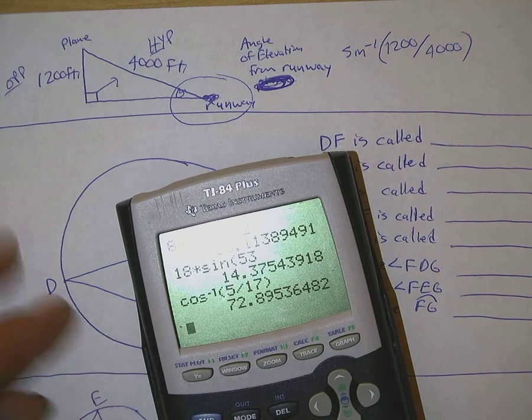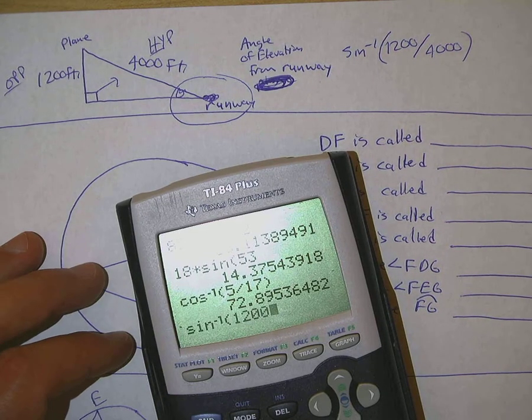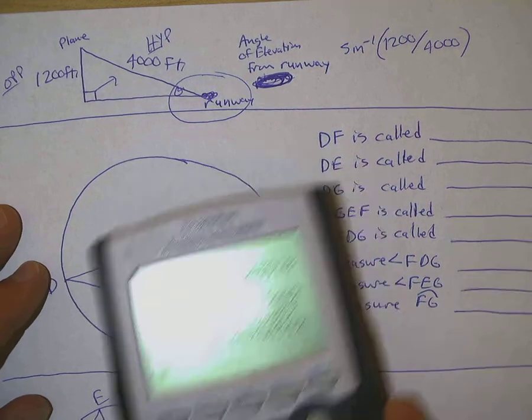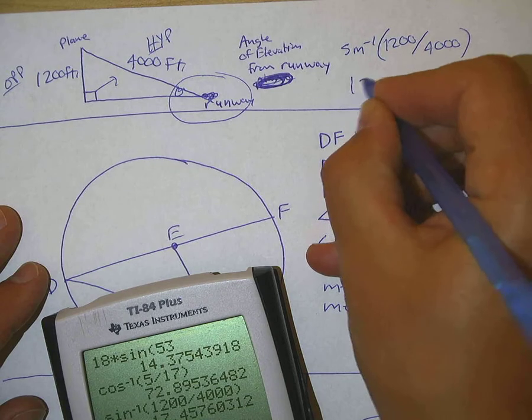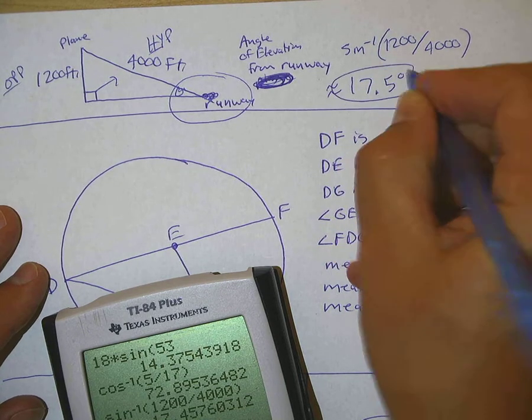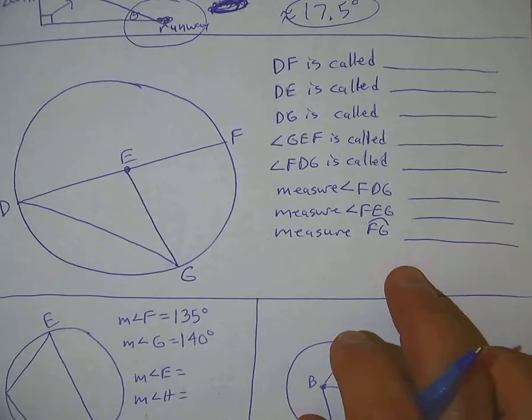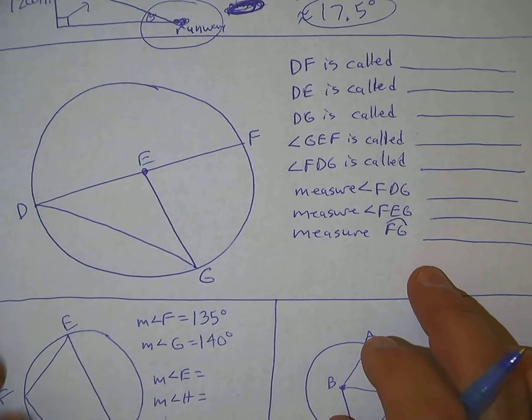Let me do that in my calculator. I press second sine, 1200 divided by 4000, and I get approximately 17.5 degrees.